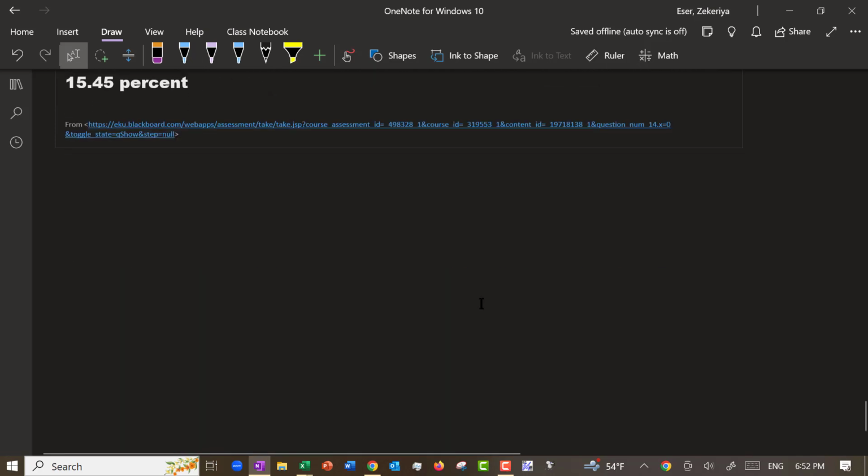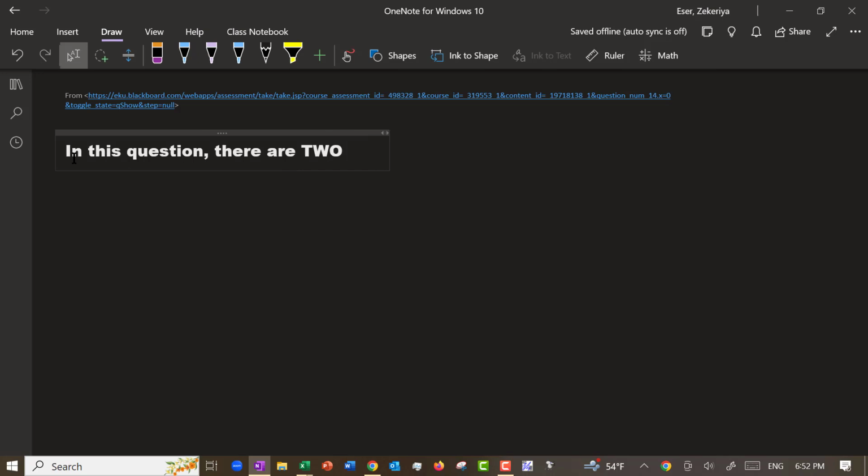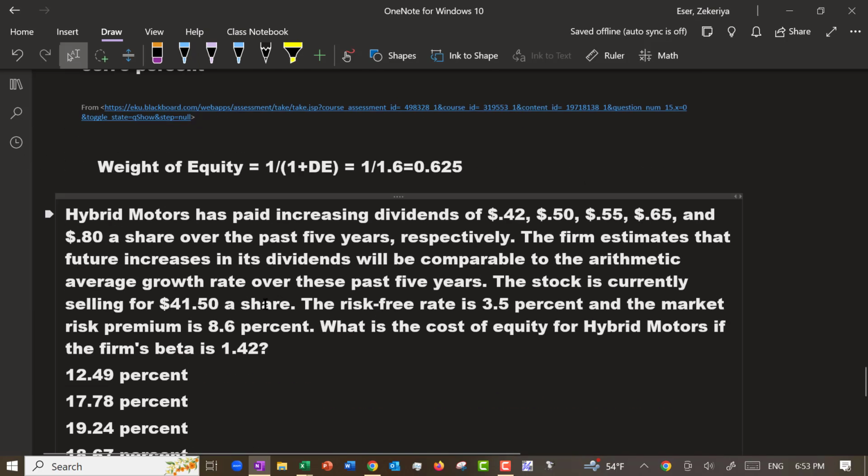Now, in this question, there are two ways to estimate cost of equity.